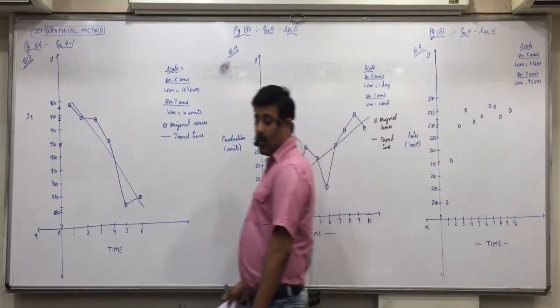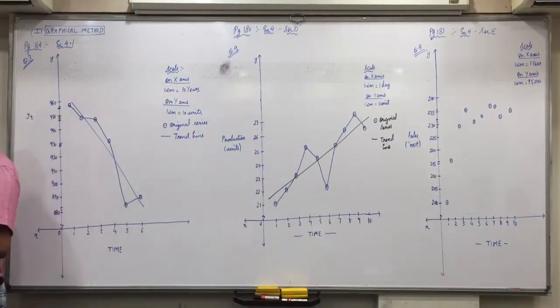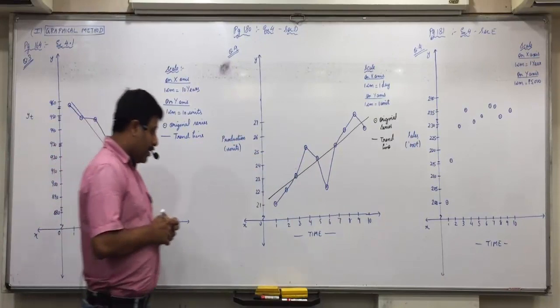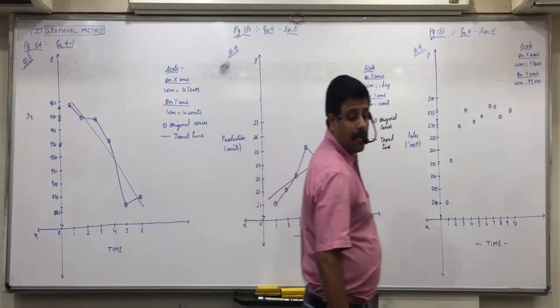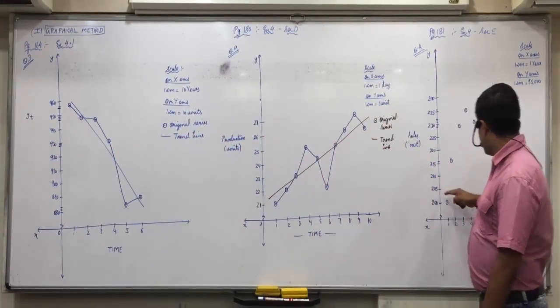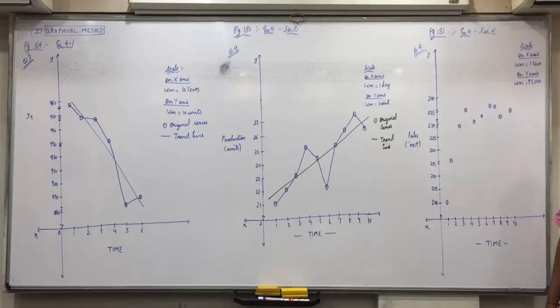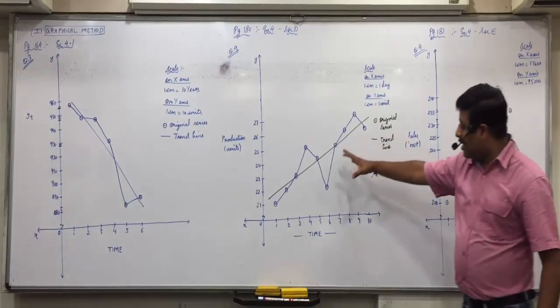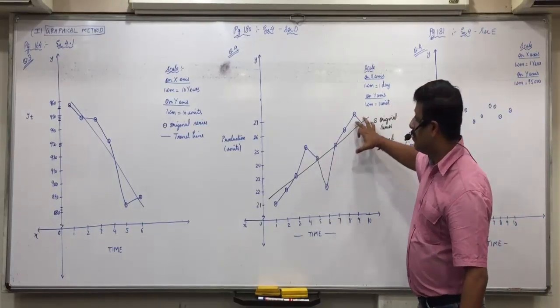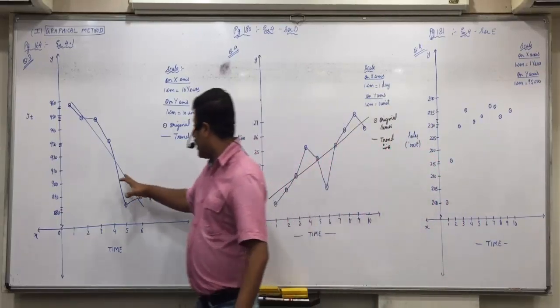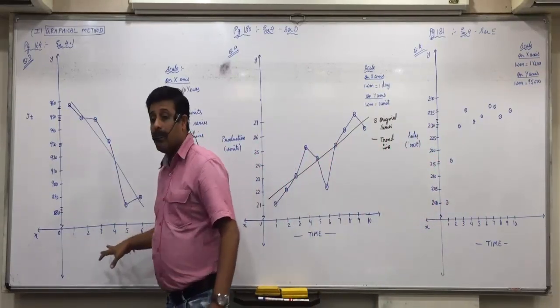Now listen everyone, don't make the line right now. Understand the concept first. Here you will find that if you make a straight line passing through all the points, it will not come near to any of the points. Like here a straight line comes near to majority of the points. Here also a straight line comes near to majority of the points.